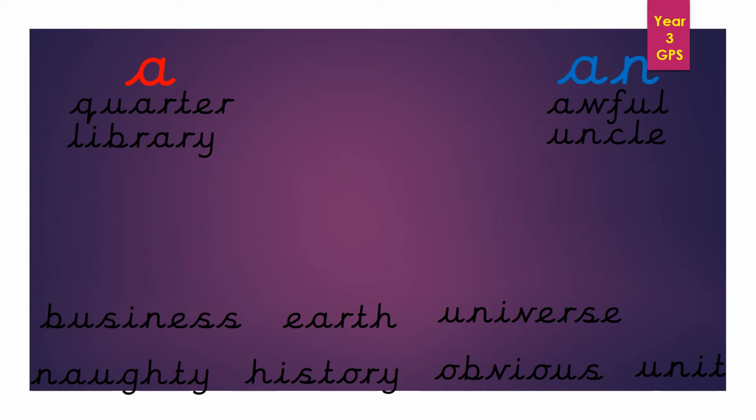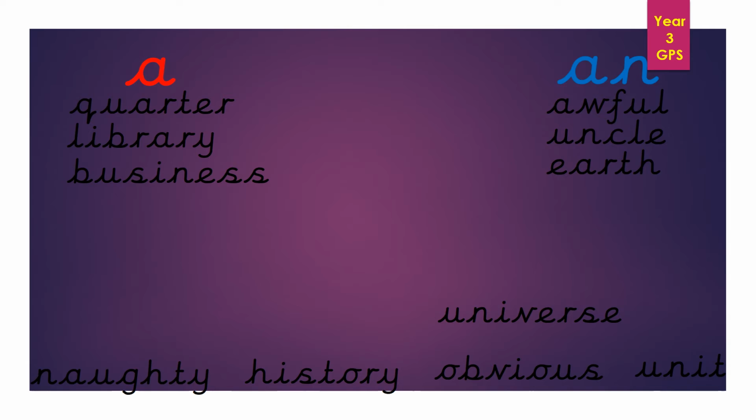Let's have a look at the next word. Where does business go and why? Of course, because it begins with a consonant. The next word. Earth begins with a vowel. It begins with a vowel sound so it needs to go in the an column.